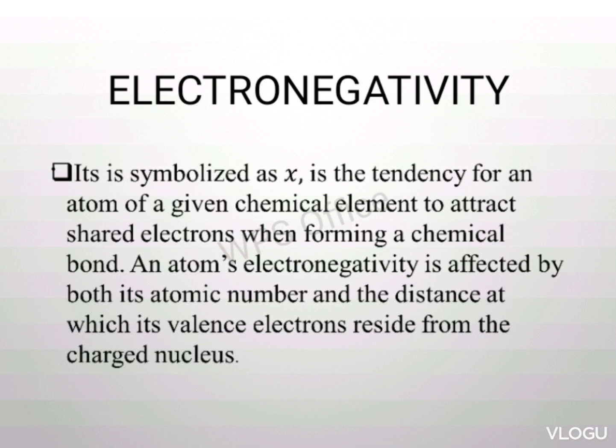Let's move on to electronegativity. What is electronegativity? It is symbolized as X and is the tendency for an atom of a given chemical element to attract shared electrons when forming a chemical bond. An atom's electronegativity is affected by both its atomic number and the distance at which its valence electrons reside from the charged nucleus.